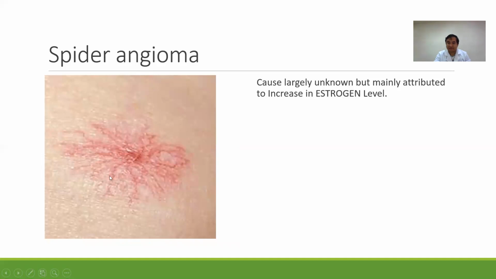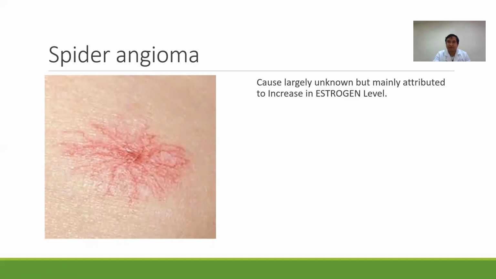You can see the central part and the radiations from that central part. This occurs because of the high level of estrogen in a patient with CLD, because there is not adequate metabolism of estrogen in the liver. That's why, if there is a raised level of estrogen, you can see this type of stigmata in the upper part of the thorax.